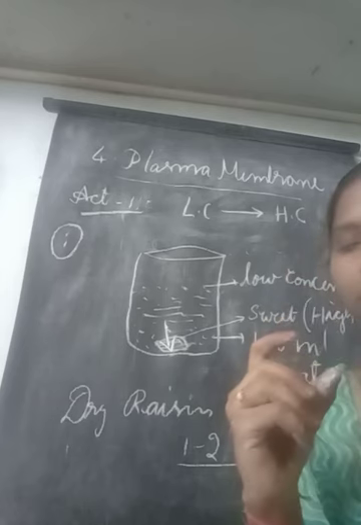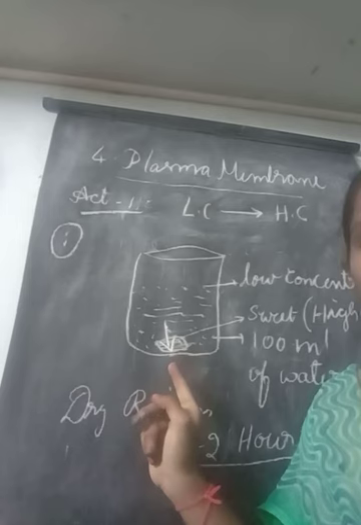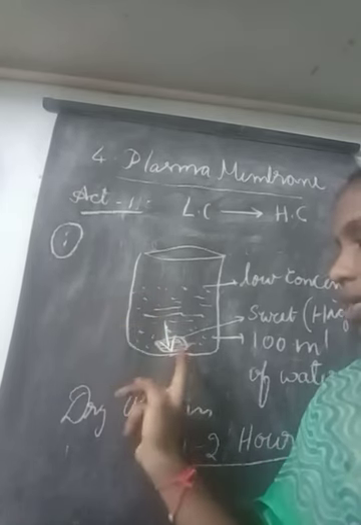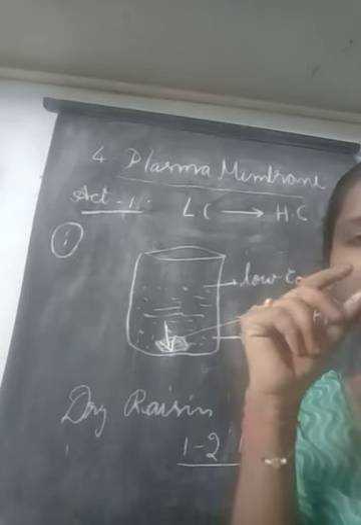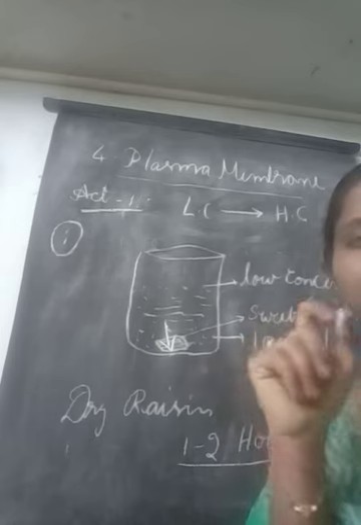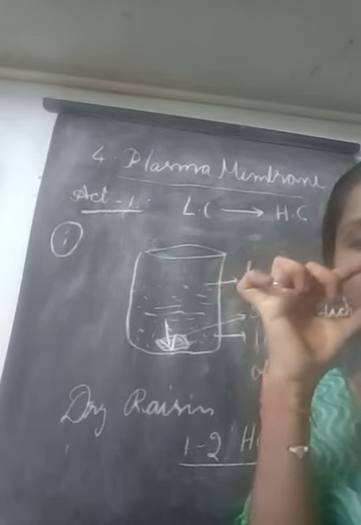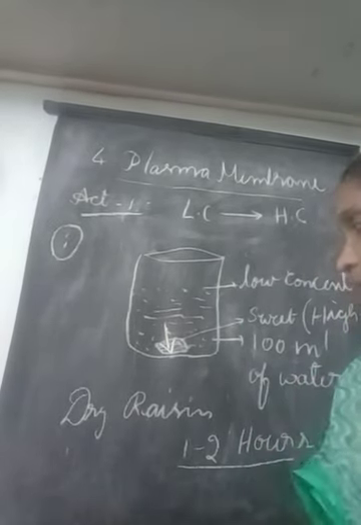So compared to the beaker, in the resin the sugar concentration is more. So water travels from low concentration to high concentration. Okay, this is first case.